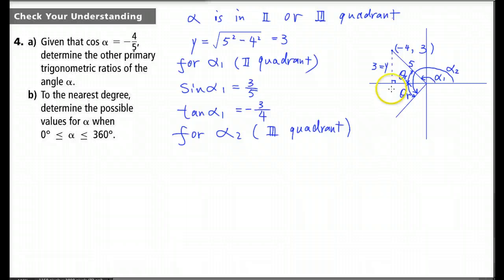If you're not sure, you can also draw this triangle again. So here, of course, like this. So this is y here. It should equal negative 3. Just be careful.